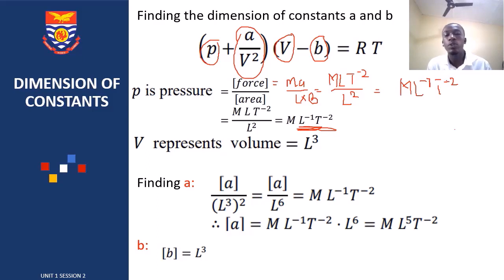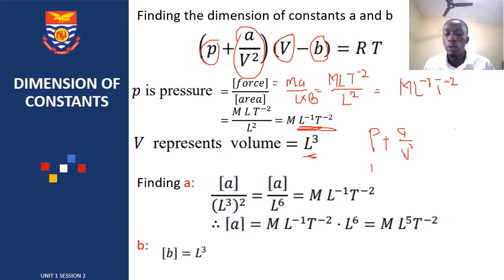And the dimension for volume is L cube. Now, let's look at how we are going to find our constants A and B. Because we have P plus A over V squared, the plus separating P and A over V squared means they have the same dimension and the same unit.